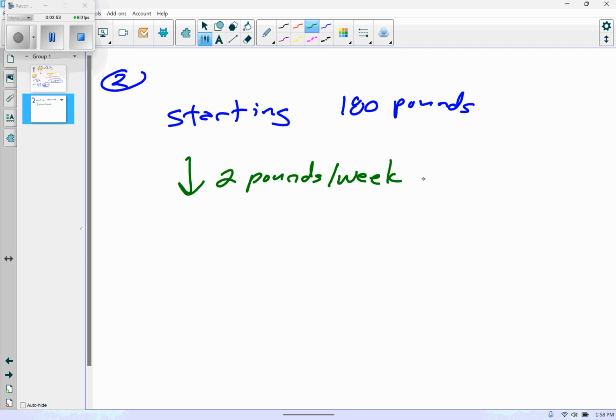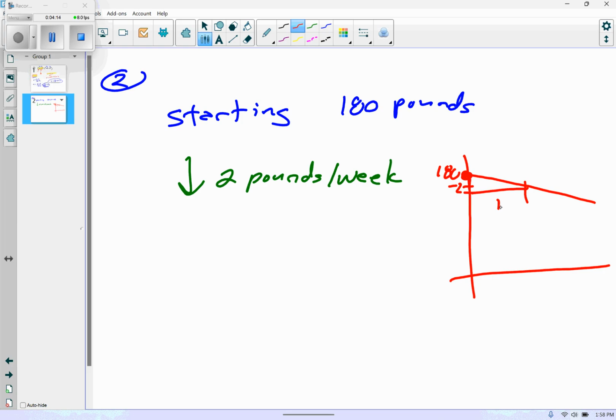Okay? All right. So think about this. If this was graphed, you'd have 180 right up here. And then you kind of do this. You go down 2, so down 2, right 1. So down 2, right 1. Okay?